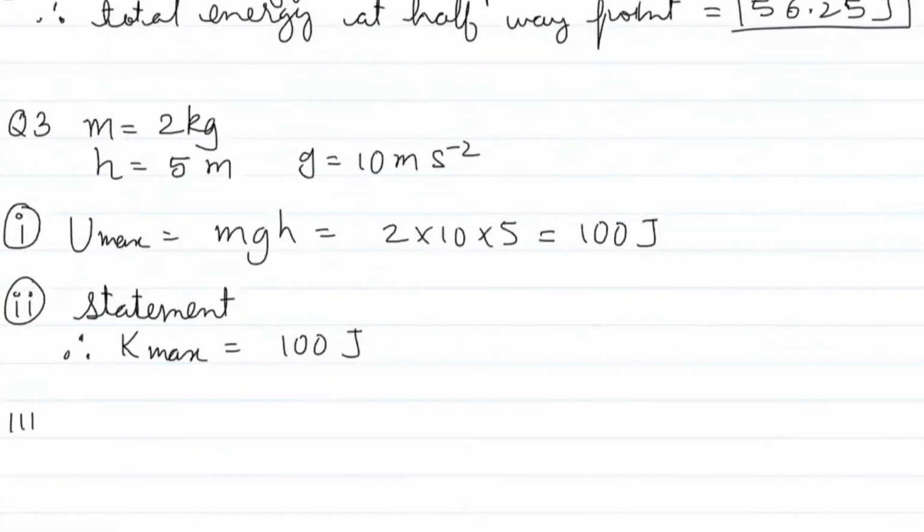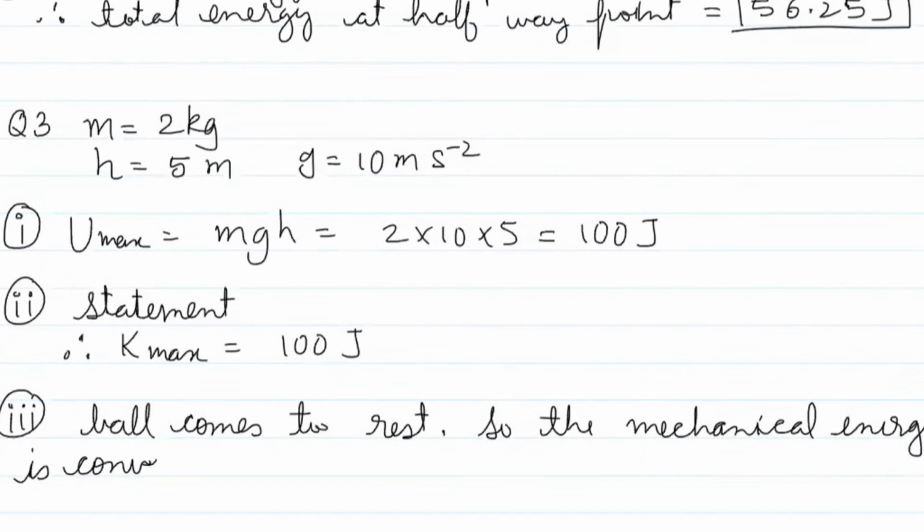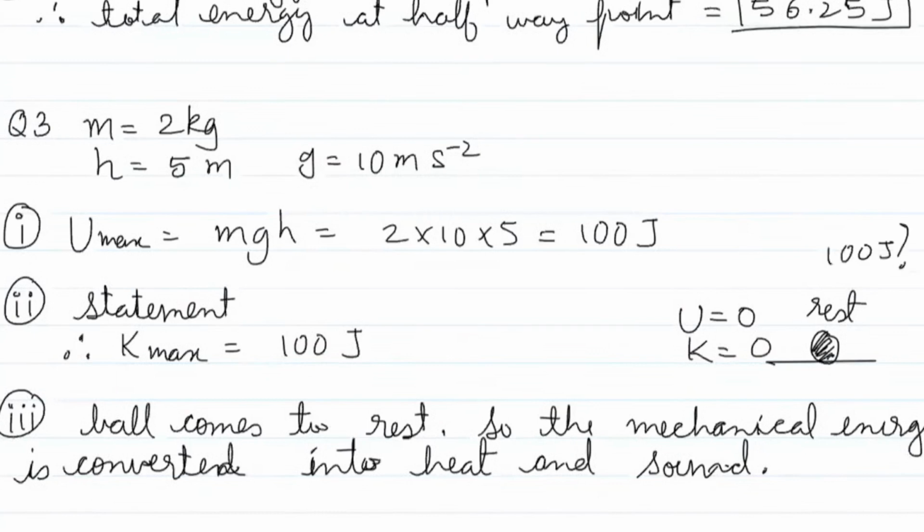And the third point: when the ball is lying on the ground, stationary at rest, potential energy is zero, and kinetic energy is also zero. So the 100 joules, where has it gone?